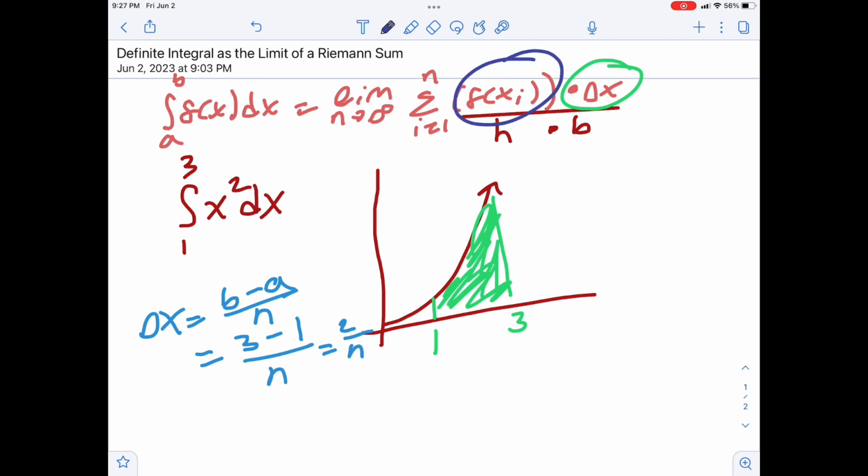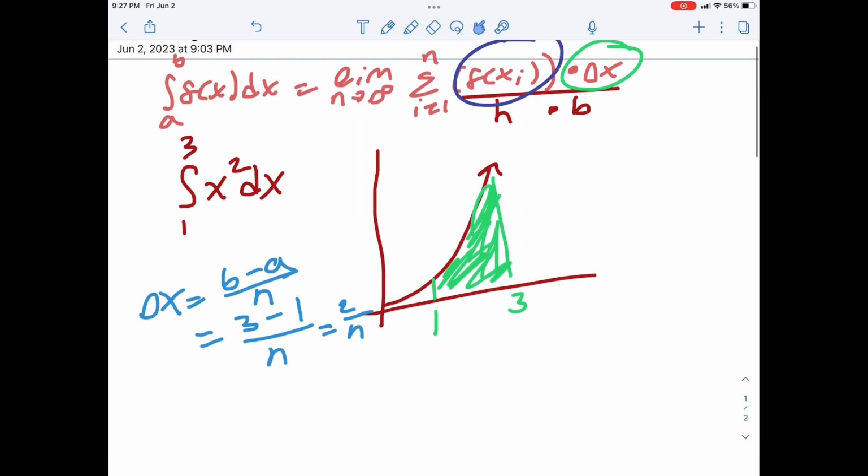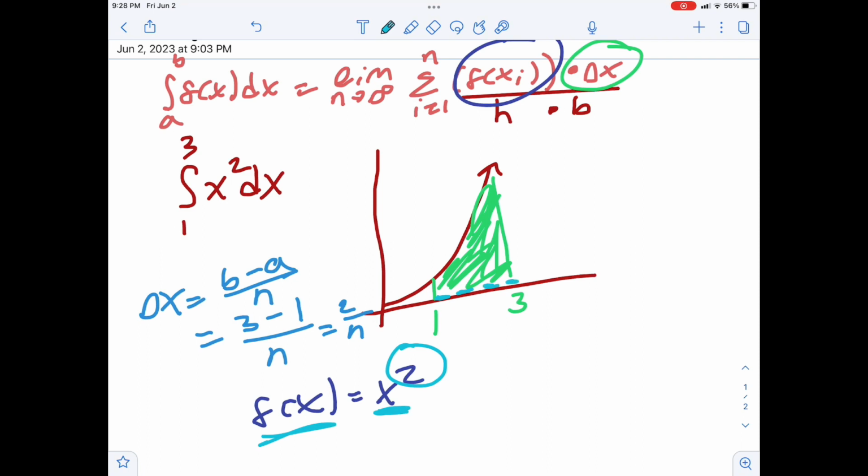And so my height for this function is just, well, my function is f of x equals x squared, right? And so what this is telling me is that for every little base value, every x value, to get my y value, f of x, I square it. So for every little x value along the x-axis, to find my height, I just square it.